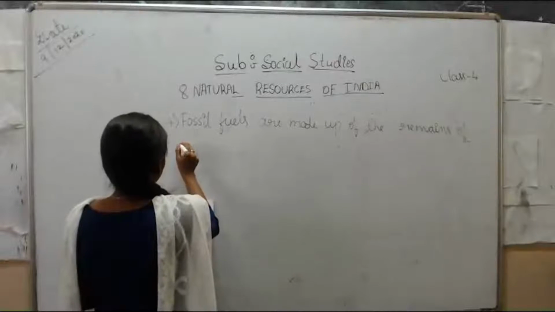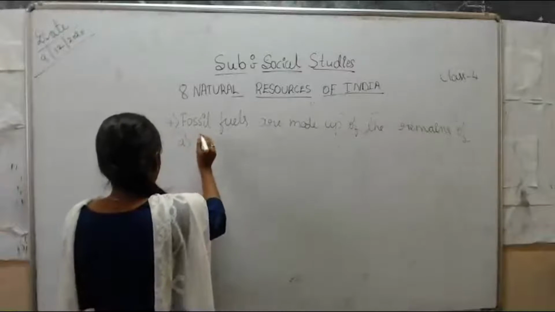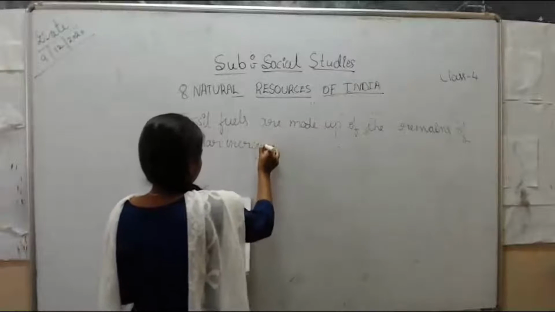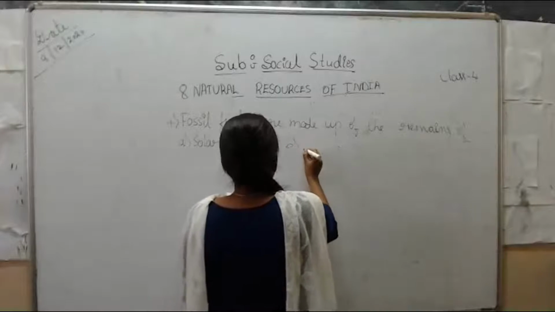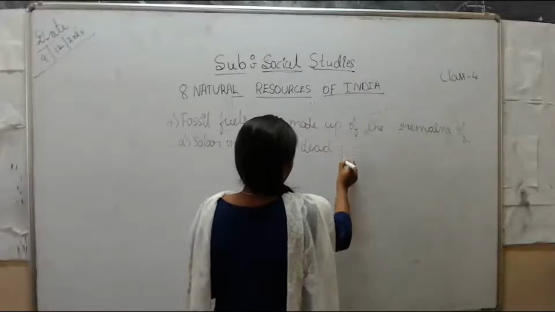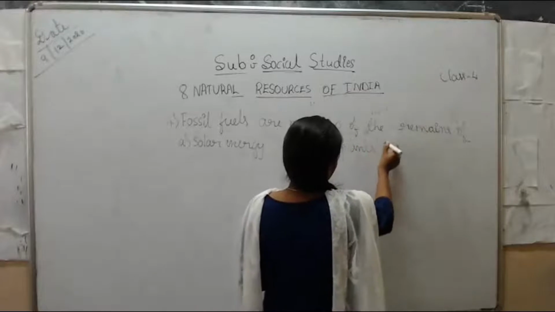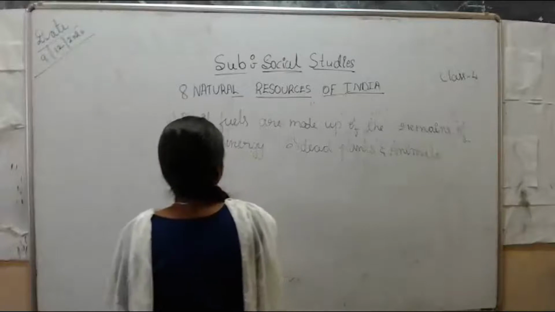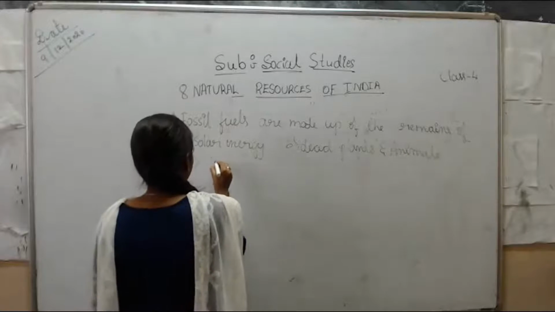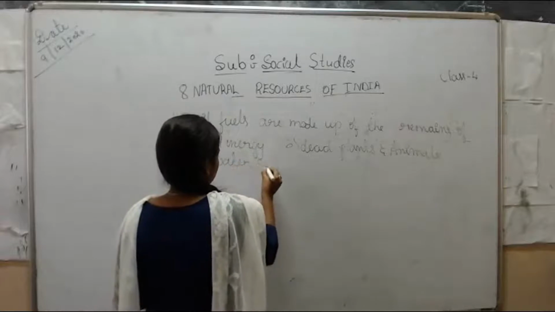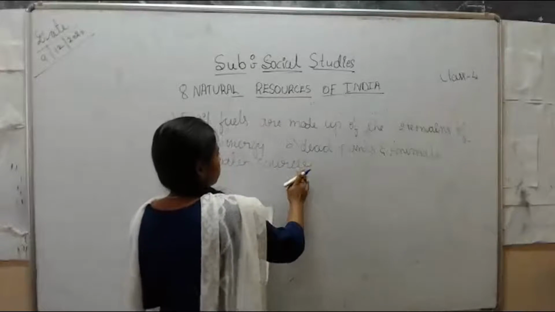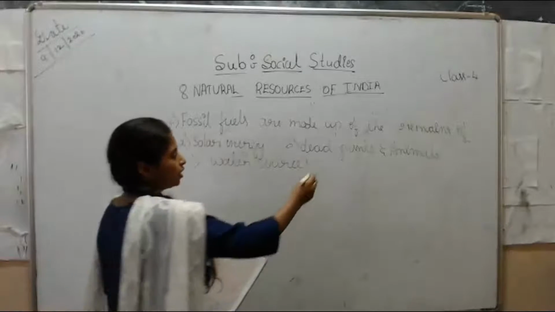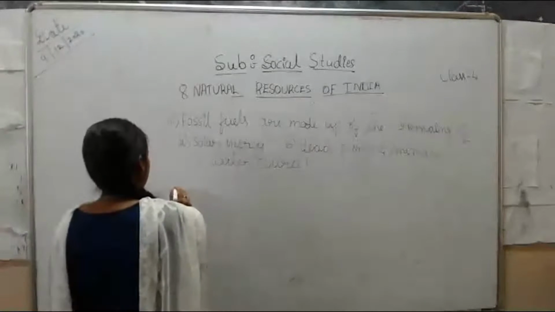They are made from the remains of what kind of things? The first option is solar energy, the second option is dead plants and animals, the third option is water sources. The fossil fuels are made up of dead plants and animals. D is the correct option.